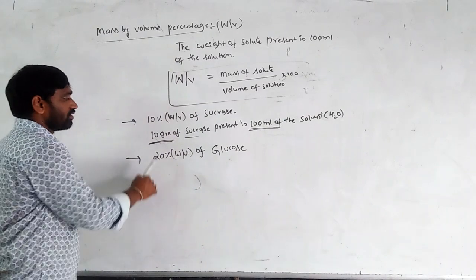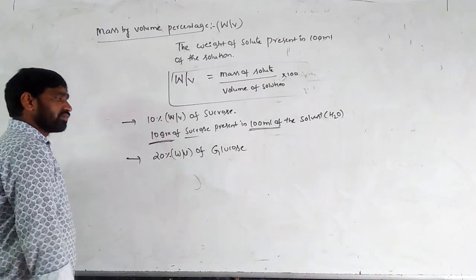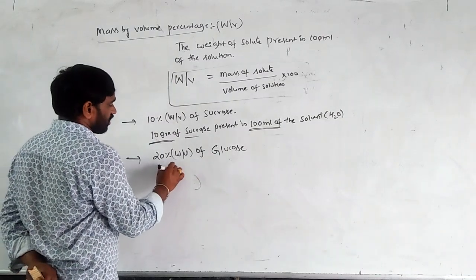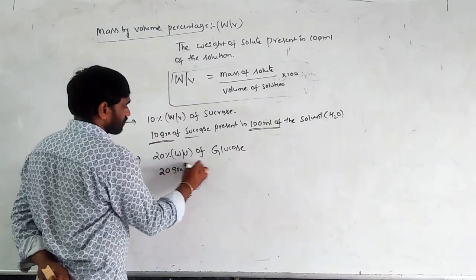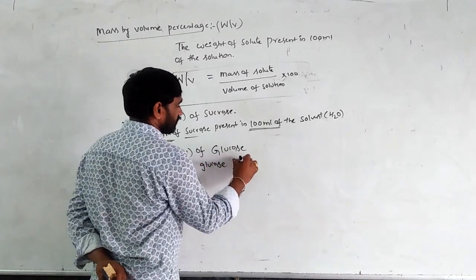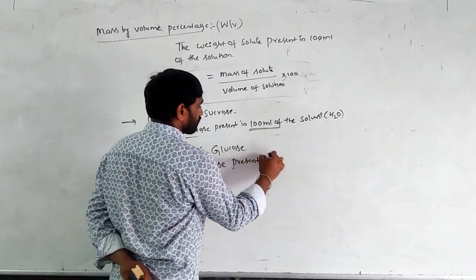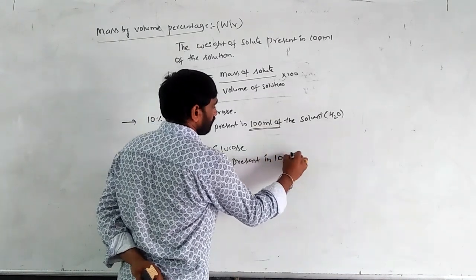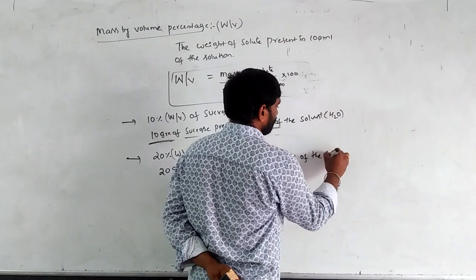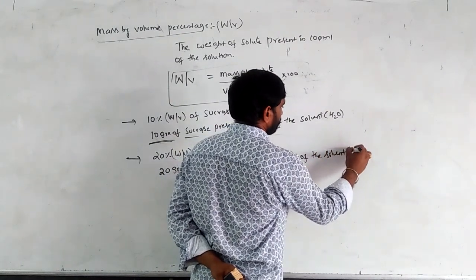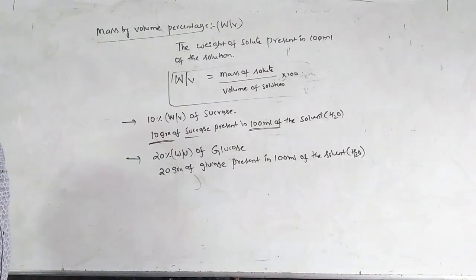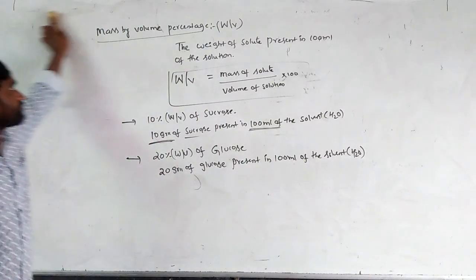What is 20% weight by volume of glucose, students? 20 grams of glucose present in 100 ml of the solvent. So this is mass by volume percentage.